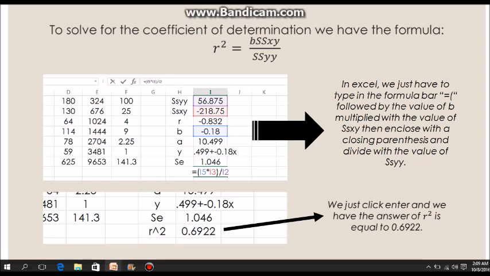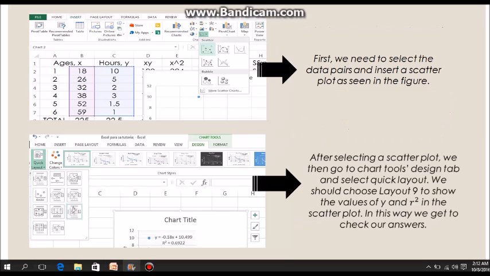In Excel, we just have to type in the formula bar equals open parentheses followed by the value of b multiplied with the value of SSXY, then close with the closing parentheses and divide by the value of SSYY. We just click enter and we have the answer of r squared equal to 0.6922.